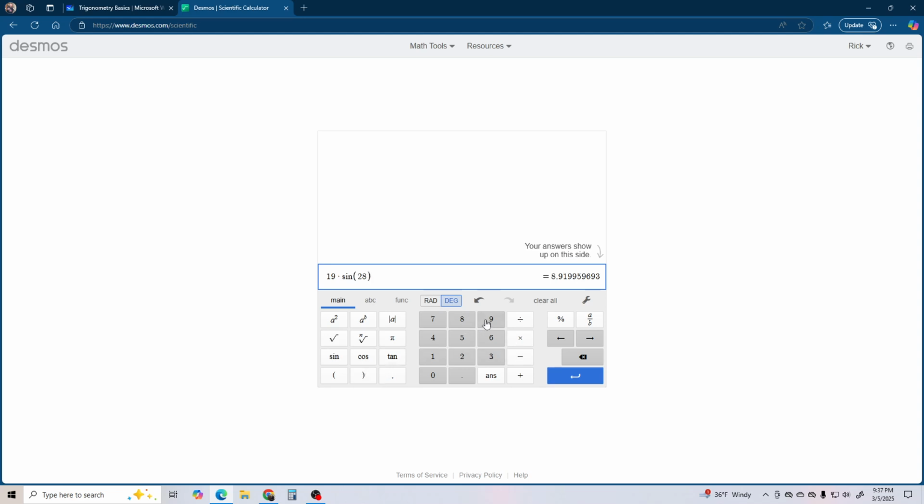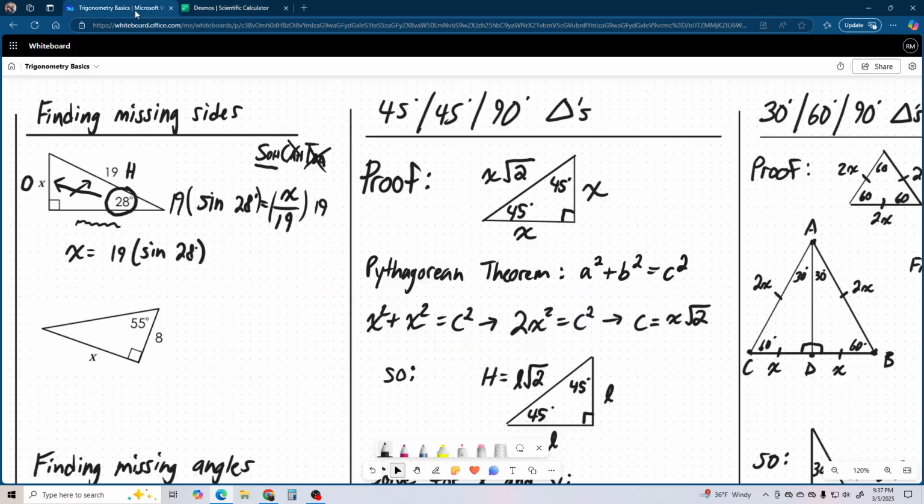And always make sure you're in degree mode for these problems. For these specifically, we're just going to be using degrees. So we have 8.91. So let's go back. 8.91 is our x, which is this side right here. That's the length of that side.